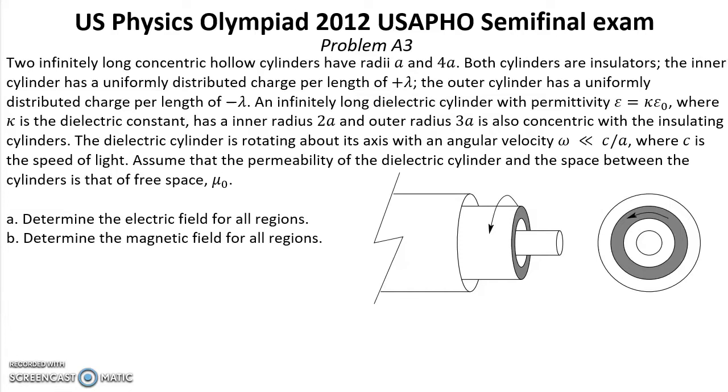The dielectric cylinder is rotating about its axis with an angular velocity omega much less than c over a, where c is the speed of light. Assume that the permeability of the dielectric cylinder and the space between the cylinders is that of free space, μ0.